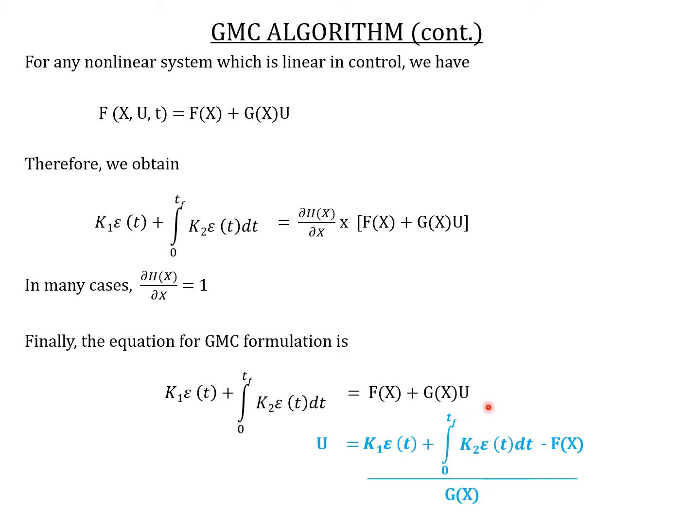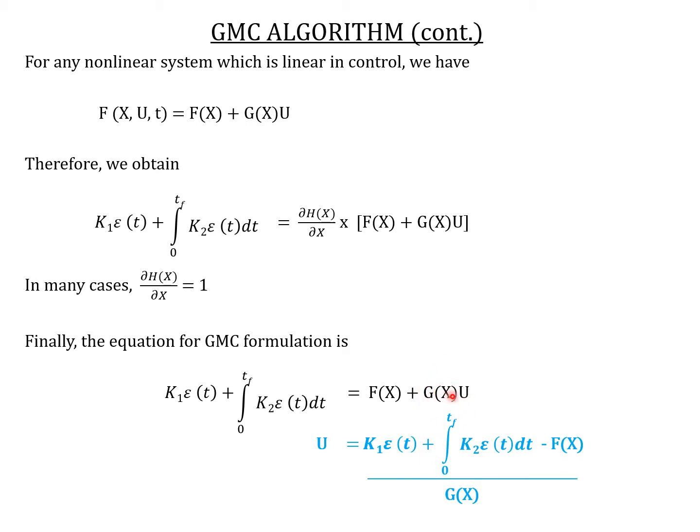This is linear in control, and we get u equals K1 epsilon plus the integral of K2 epsilon, minus the function f(x), over g(x), another function of x.